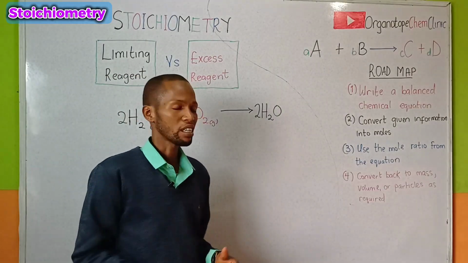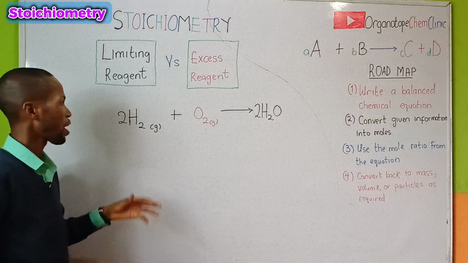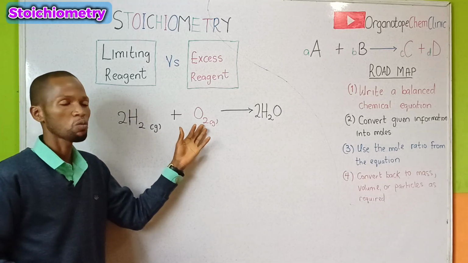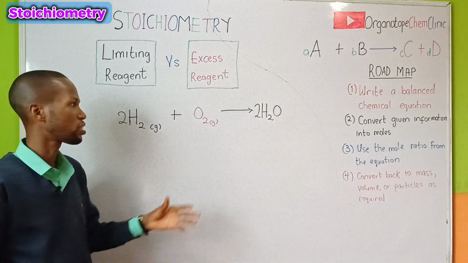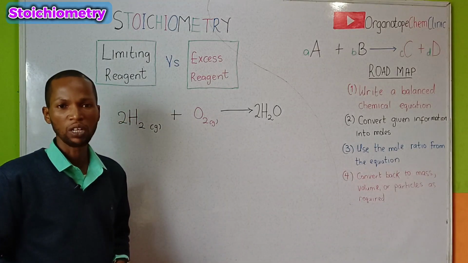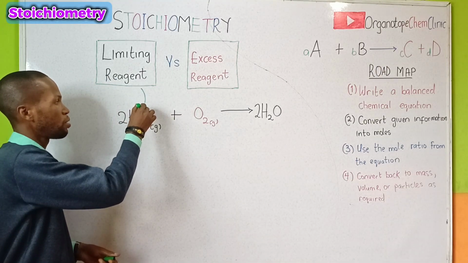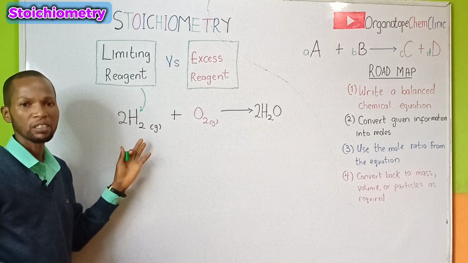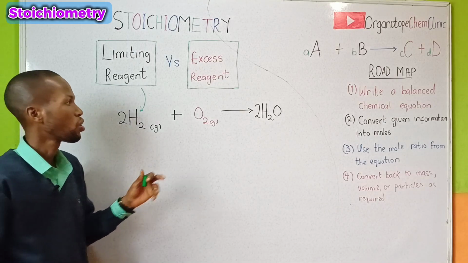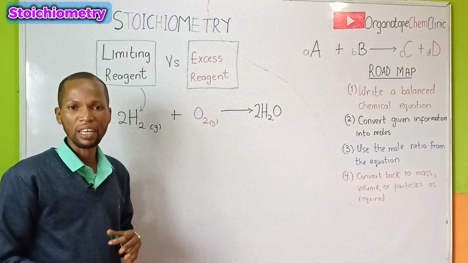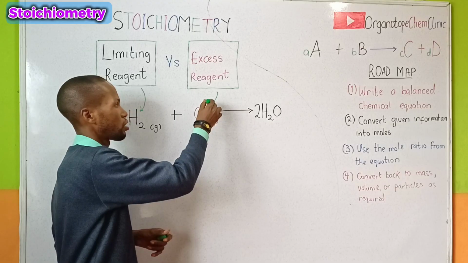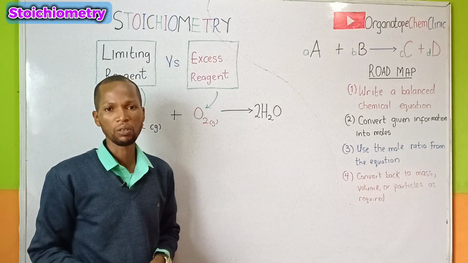Can we consider the equation on the board? We have the reaction of hydrogen with excess supply of oxygen to give water molecule. So the hydrogen is the limiting substance or limiting reagent in this reaction, while oxygen is an excess reagent which produces water molecule.